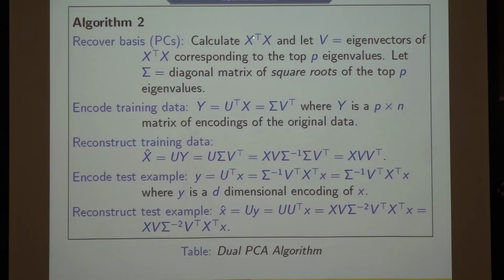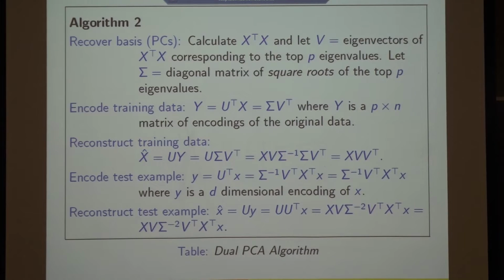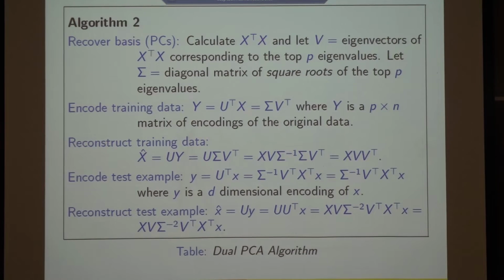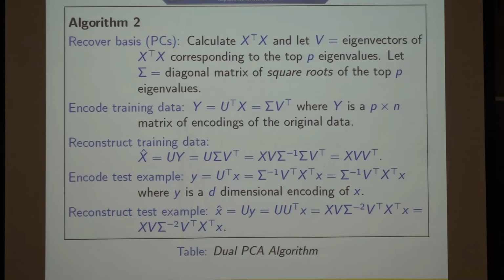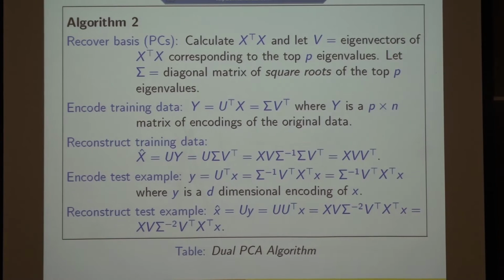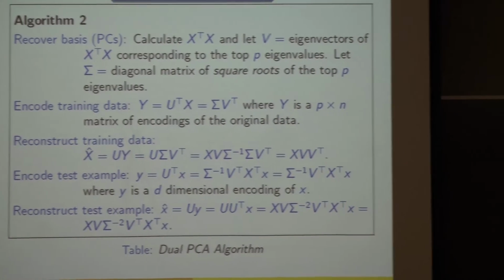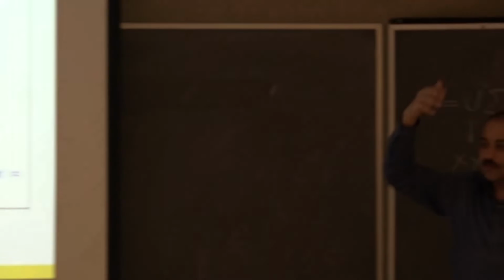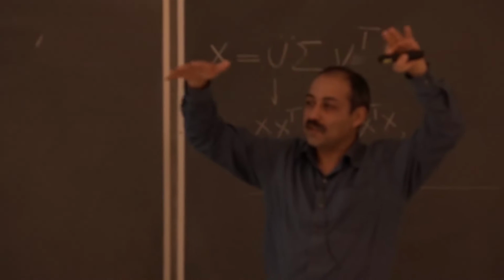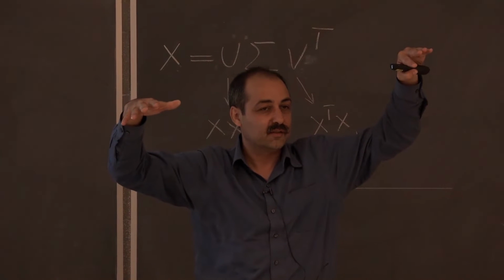Yes. I start with X transpose X, right? So suppose that the data in the original space is not close to a subspace, but is close to a submanifold of the space, right? My assumption is that if I map the data to a higher dimensional space, I can use this blessing of dimensionality, and my data has a sort of linear structure.